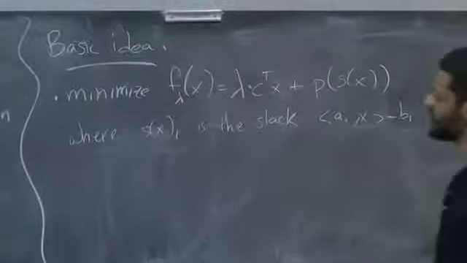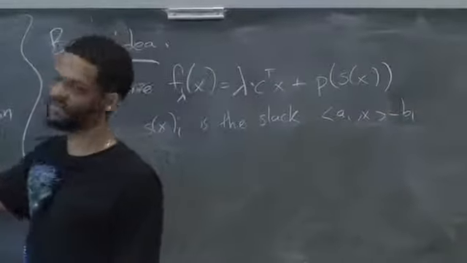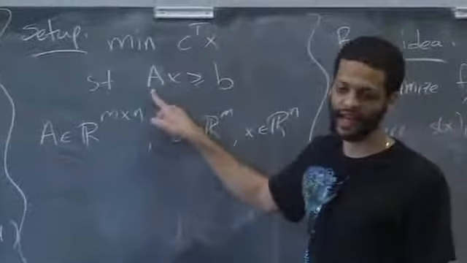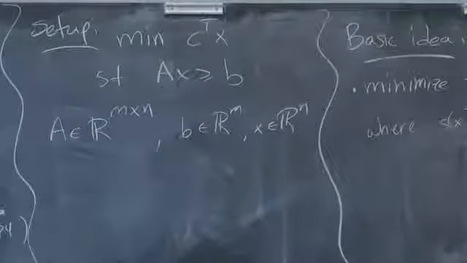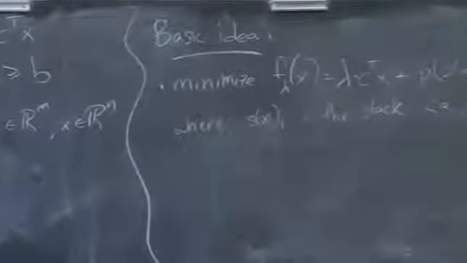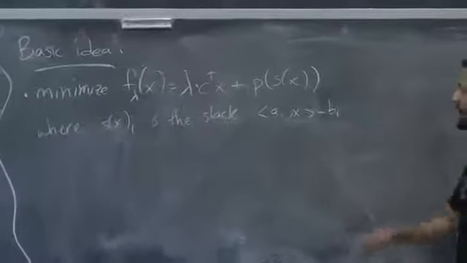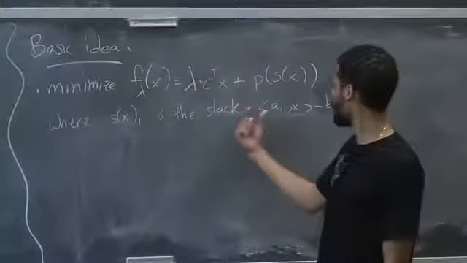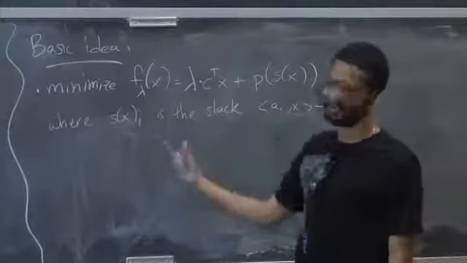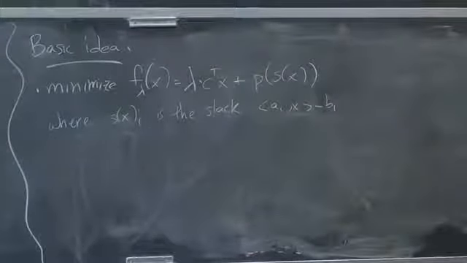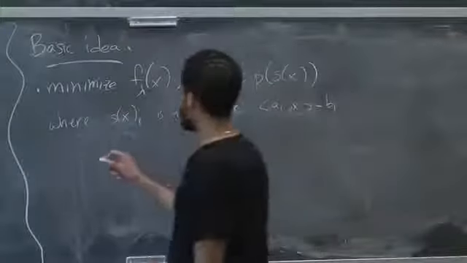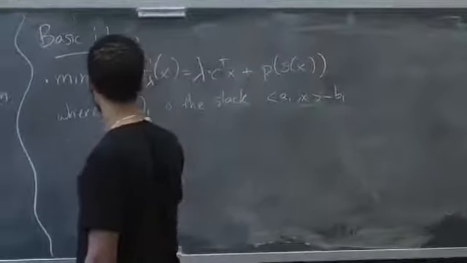For any feasible solution x, the ith row of A, a_i dot x, is at least b_i. So a_i dot x minus b_i is some non-negative real for any feasible x, and the vector of all of these differences is called the slack vector.